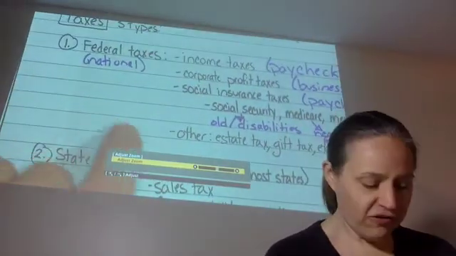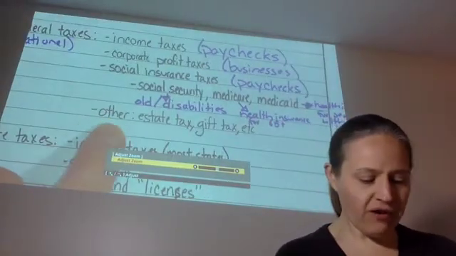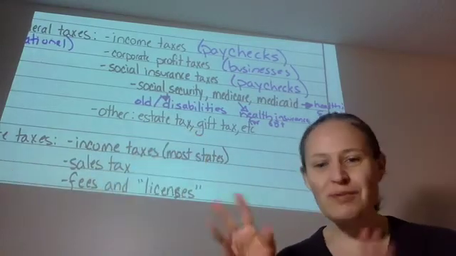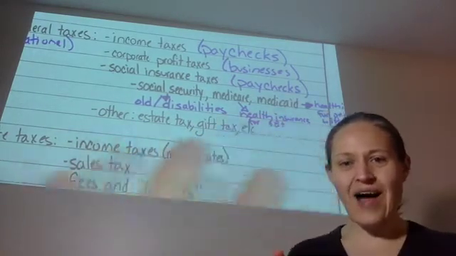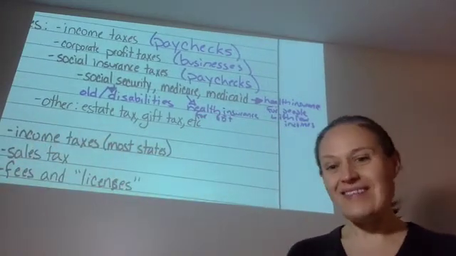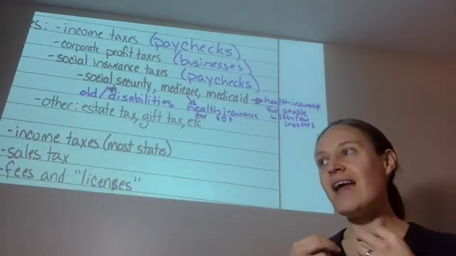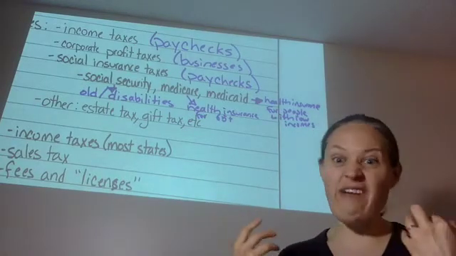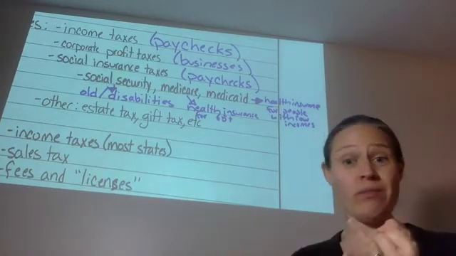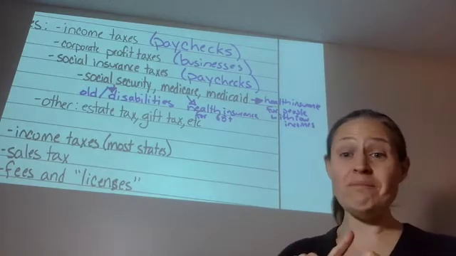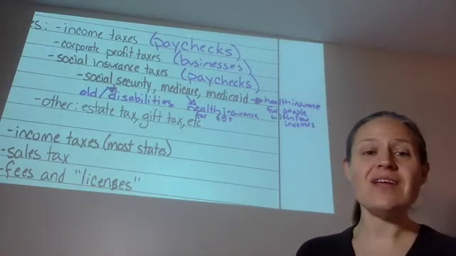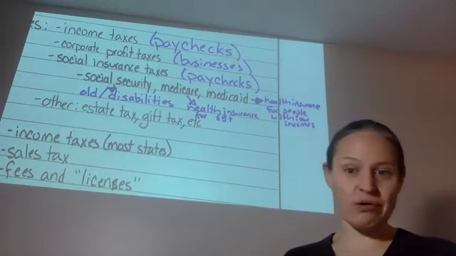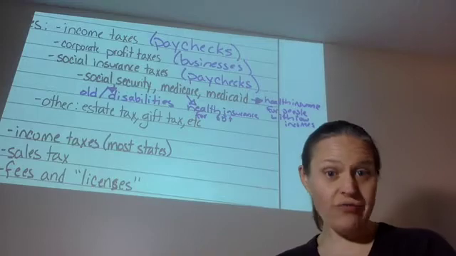All right, so back to these other federal taxes, like the estate tax and the gift tax. You probably don't know what those are, and that's okay. Just so you know, the estate tax is if somebody dies, their estate, meaning everything that they own, their home, all their stuff, and any money they have in the bank or in retirement savings, there is a tax on that money before it gets given out to that person's kids or whoever gets their stuff.